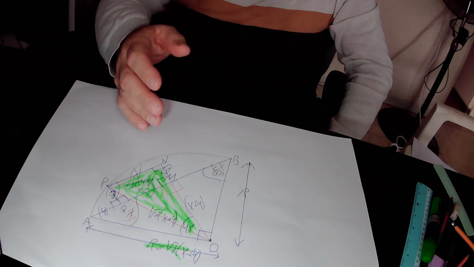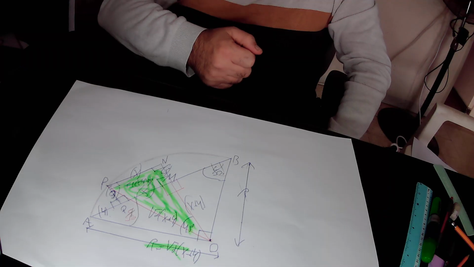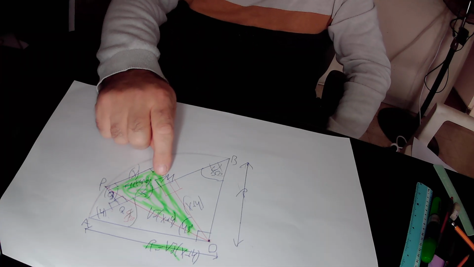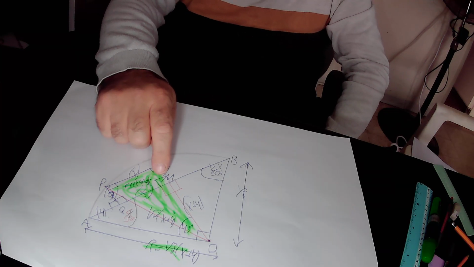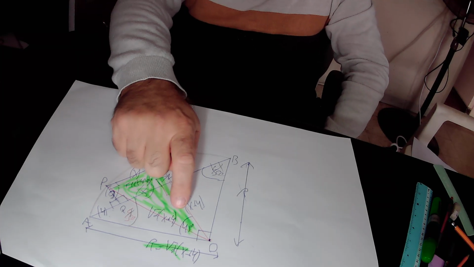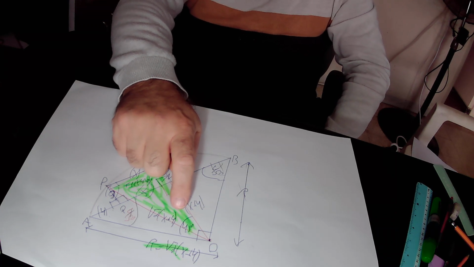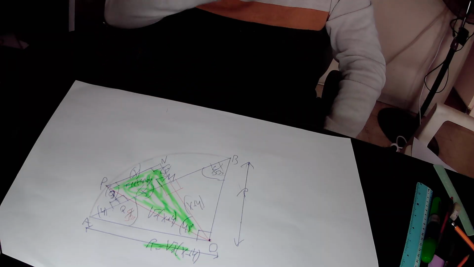In the right triangle AMO, the sum of the angles must be equal to 180 degrees. So 45 degrees plus 90 degrees is 135 degrees, and 135 degrees plus the size of this third missing angle must equal 180 degrees. Therefore, this third missing angle must be equal to 45 degrees in size.